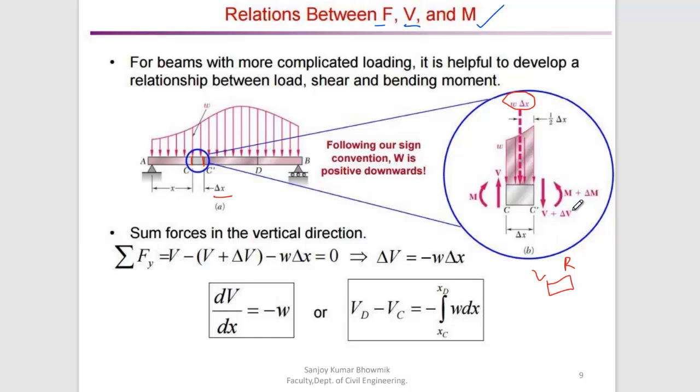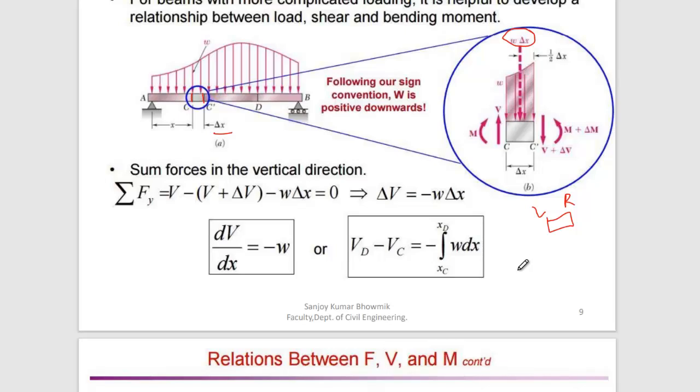They converted the UDL to a concentrated load. This is the load exactly, obtained by multiplying the distance. This is the total amount of load. For a particular section, the load passes through the center or CG point.